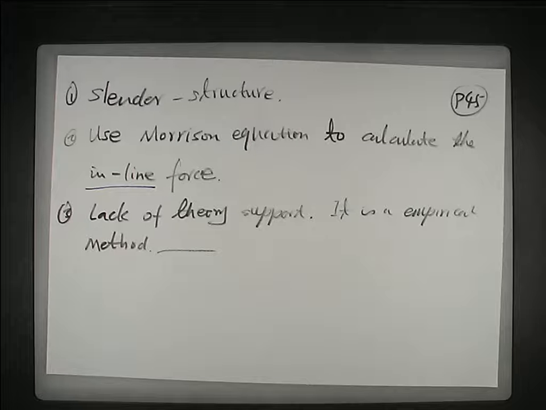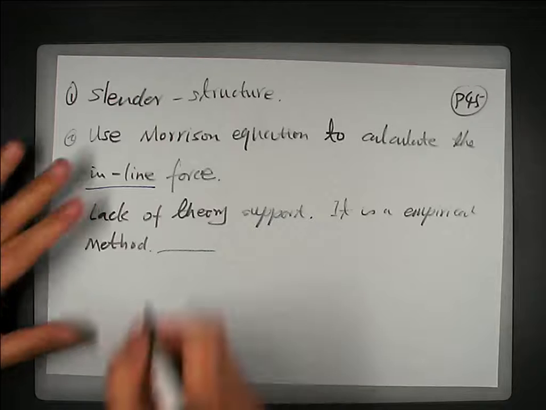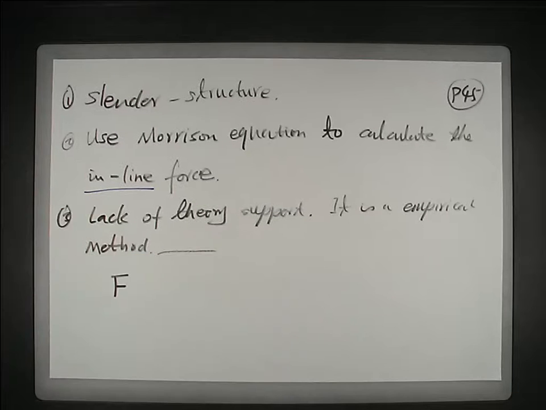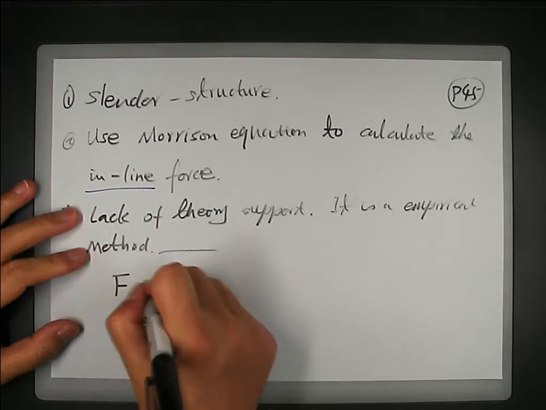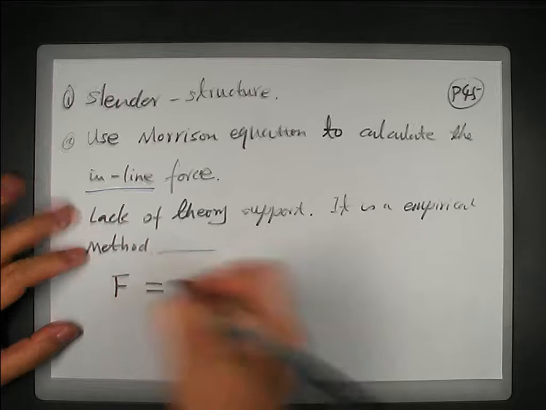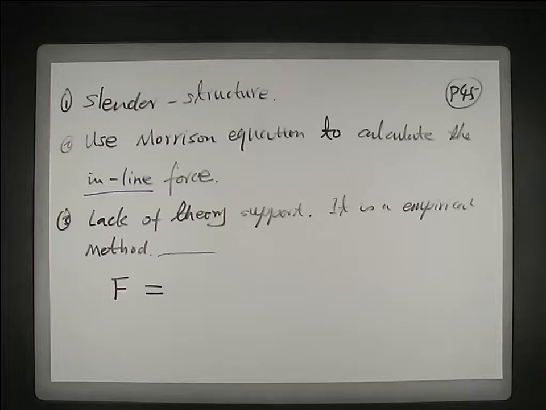But anyway, back to our point. It's done my job. So the hydrodynamic force acting on the cylinder structure includes two parts. In the inline direction, for example, this is the cylinder structure and the flow passes. Then the hydrodynamic force acting on this structure consists of two parts.